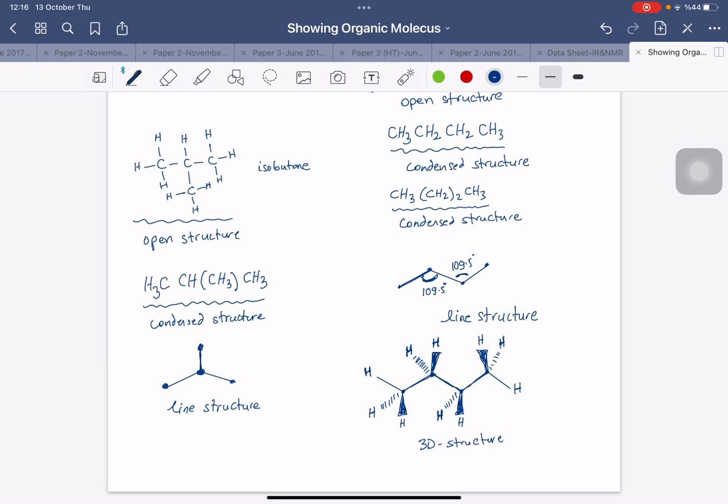These are carbon atoms. So you can put, if you want, carbon.